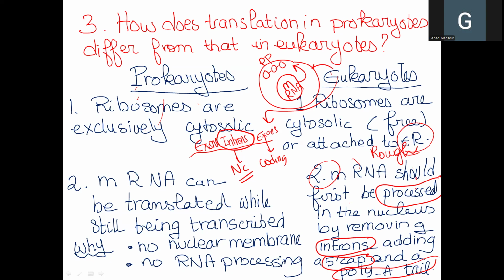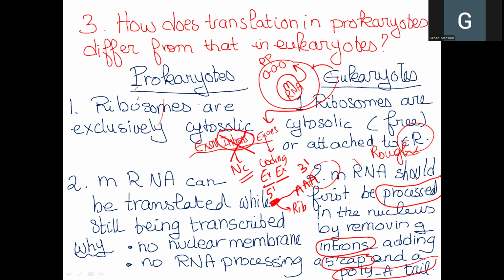So what we do in eukaryotic genomes is that we first remove the introns that are non-coding, and then we splice or attach the exons together. In such a way, the messenger RNA becomes shorter, and this is what we call processed messenger RNA. Afterwards, we add a polyadenine tail at the 3' end to protect it, and a sequence called the 5' cap to protect it and to help it attach to the ribosome.